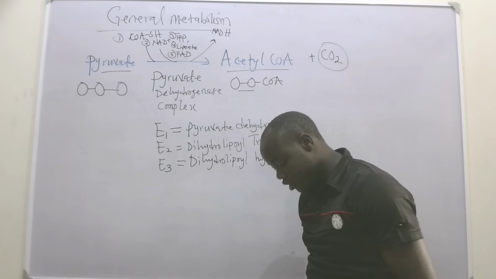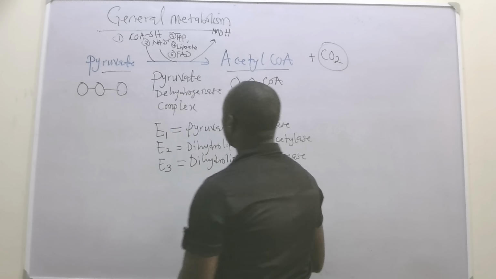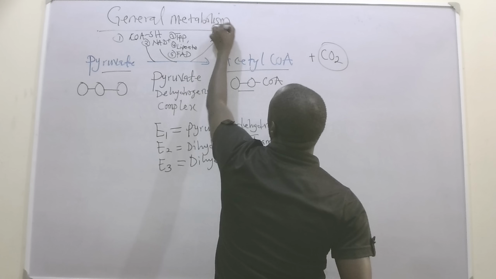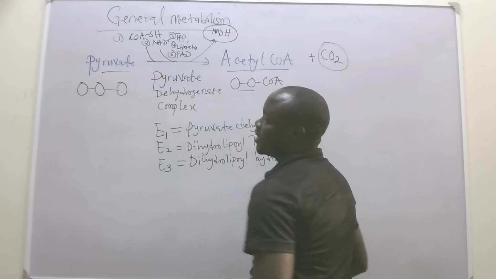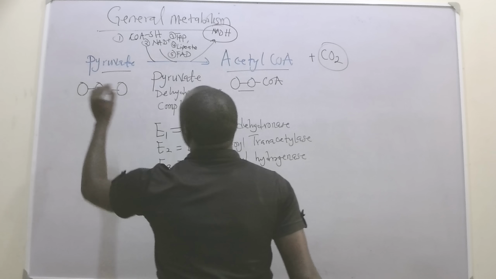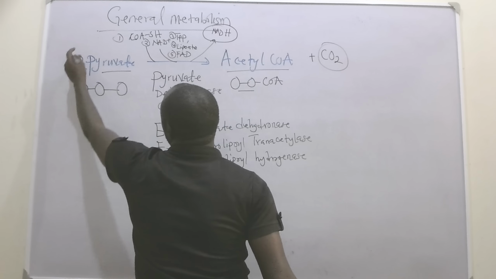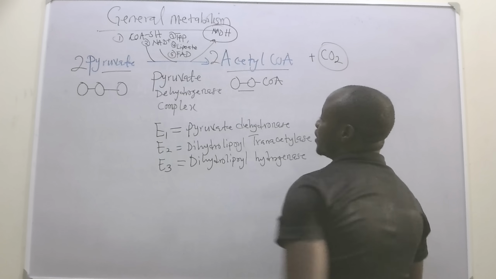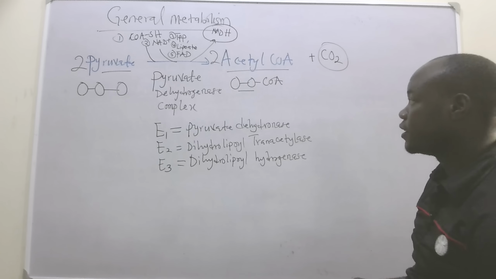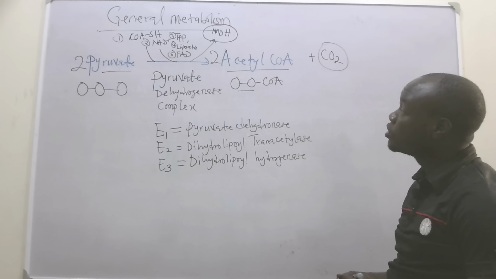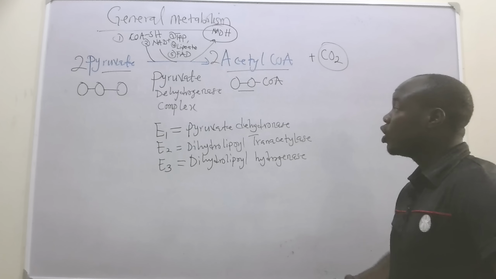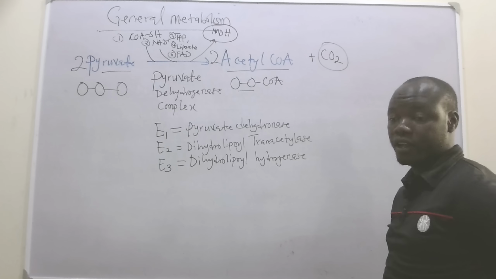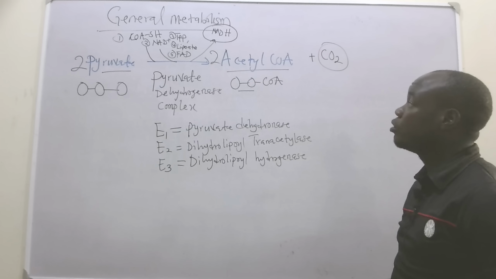And very importantly, at this point one molecule of NADH is generated. Remember in glycolysis, two molecules of pyruvate are generated, and then two molecules of acetyl-CoA are generated.